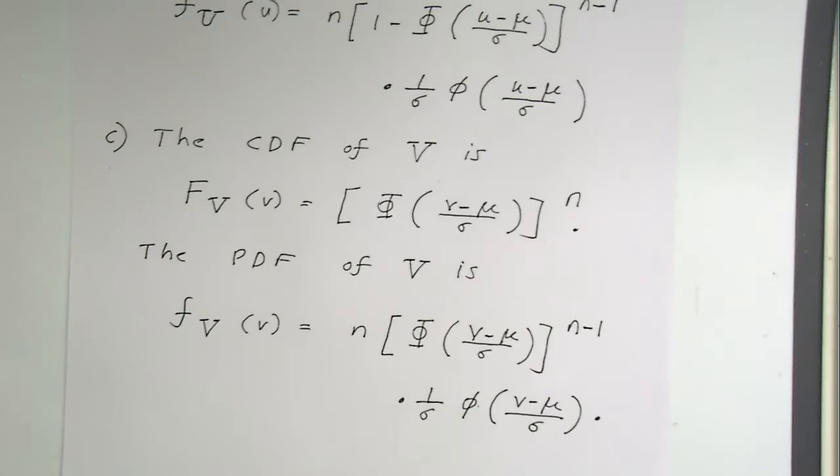So the variance of S is equal to the variance of x1 plus up to the variance of xn. Do you understand? Can you see this? This is sigma squared, and this is also sigma squared. So what you have is n times sigma squared.